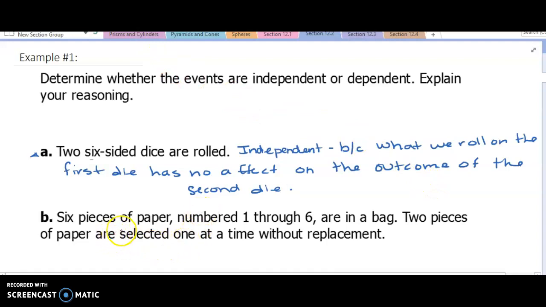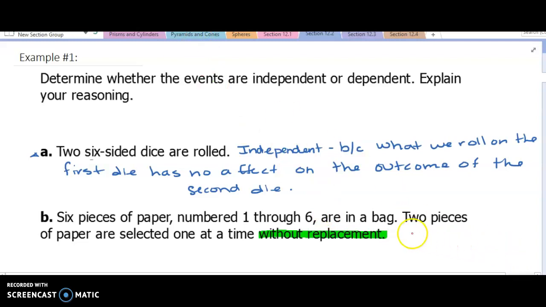All right, so on B, 6 pieces of paper numbered 1 through 6 are in a bag. 2 pieces of paper are selected one at a time, without replacement. Meaning, I pick a number, I don't put it back in, and I pick another number.